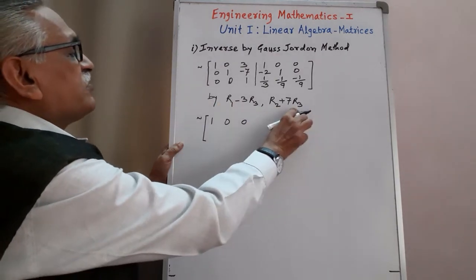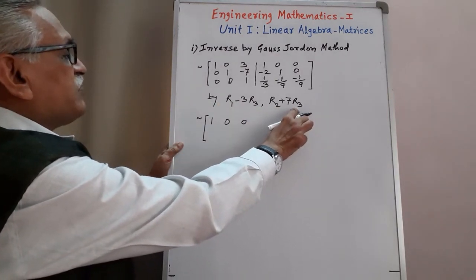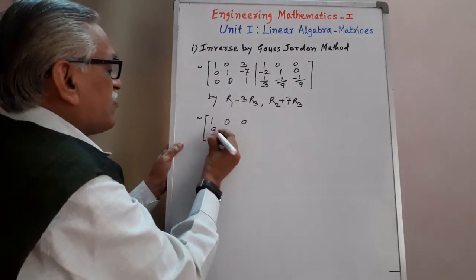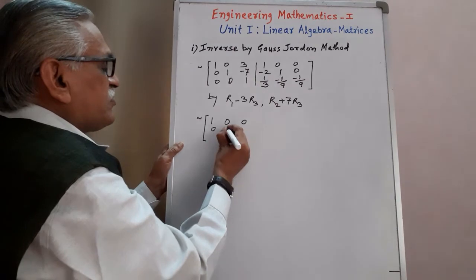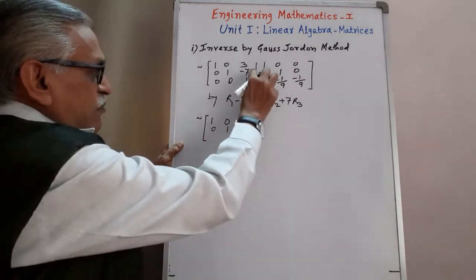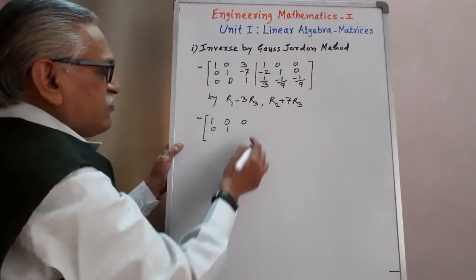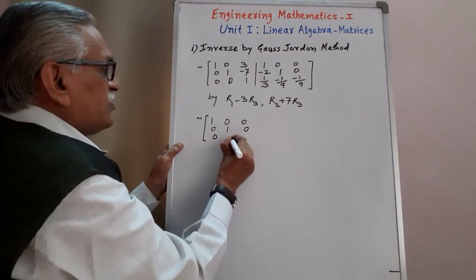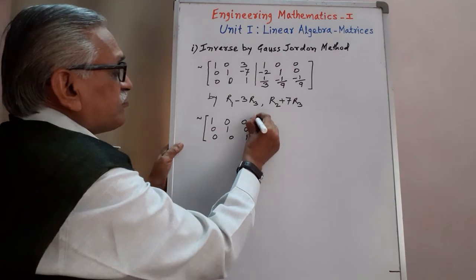Then applying this R2 plus 7 times R3, 0 plus 7 times 0, we get 0. 1 plus 7 times 0, 1. Minus 7 plus 7 times 1, minus 7 plus 7, we get 0. Third row, no change, 0, 0, 1.